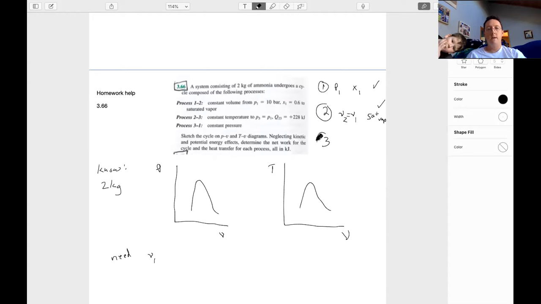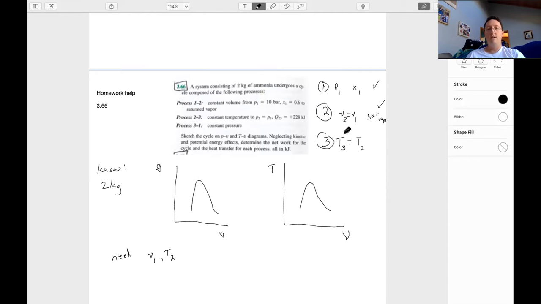And for state 3, I know the temperature is constant. At state 3, I know that the temperature at state 3 is equal to the temperature at state 2. So I'm going to need to get temperature at state 2.